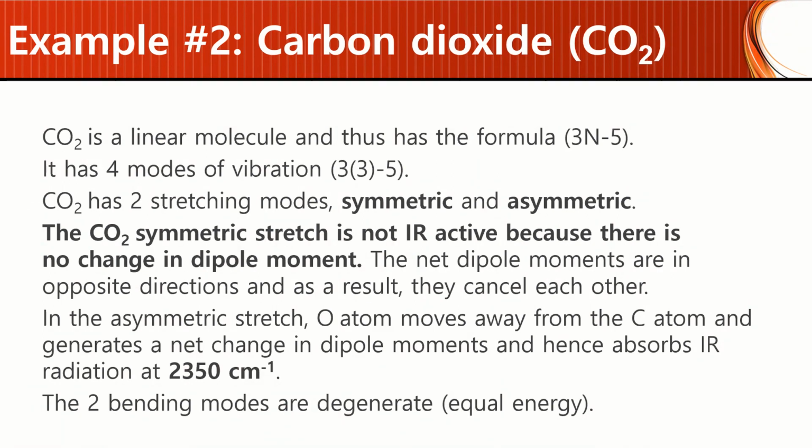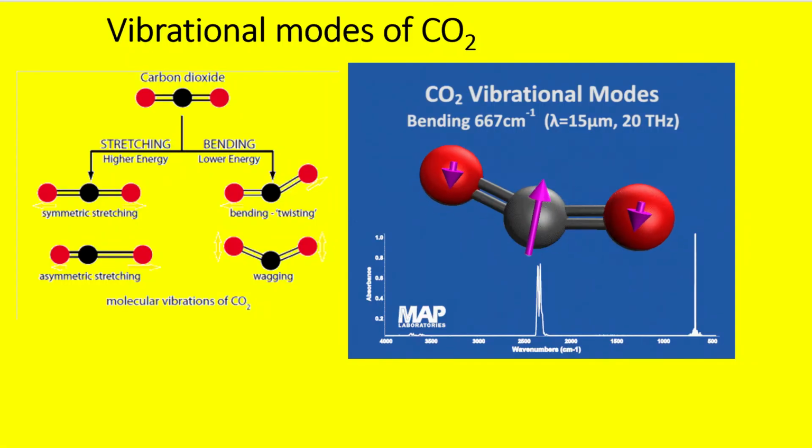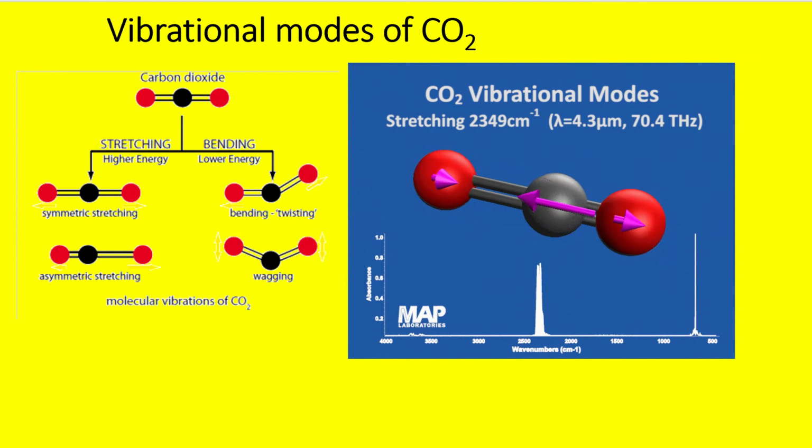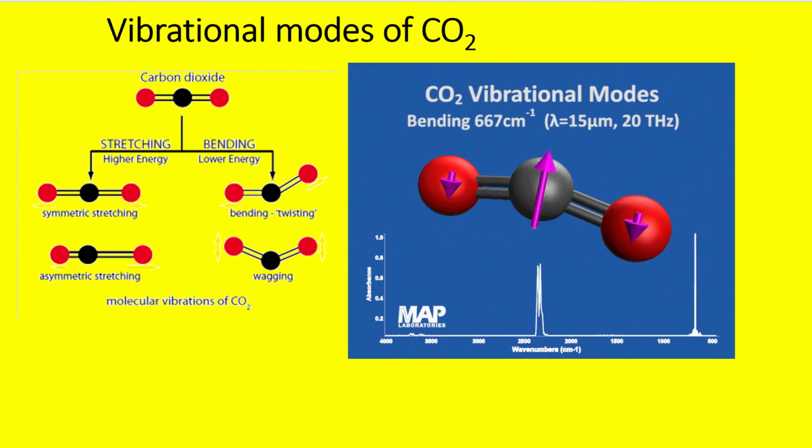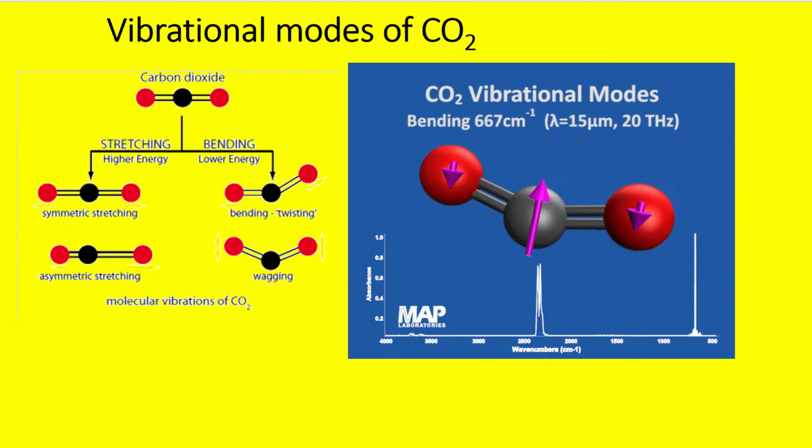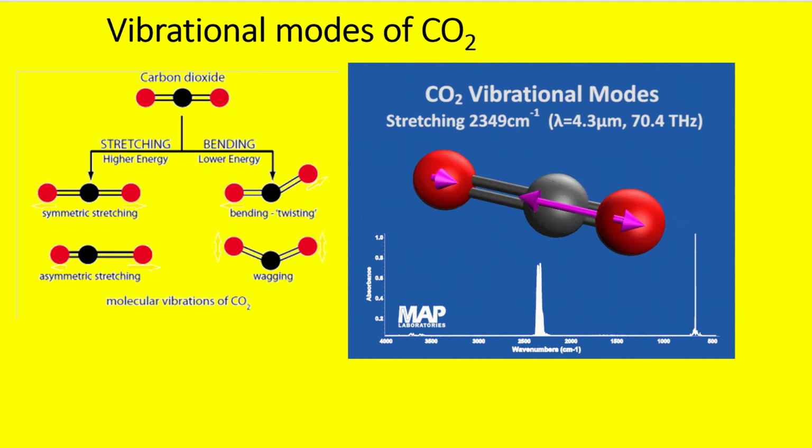The 2 bending modes are degenerate, or equal in energy. Right, so we have 4 modes for carbon dioxide. For the 2 stretching modes, one is IR active and one is not. For the 2 bends, they're degenerate. They're equal in energy. So here we see this animation with the vibrational modes of carbon dioxide.